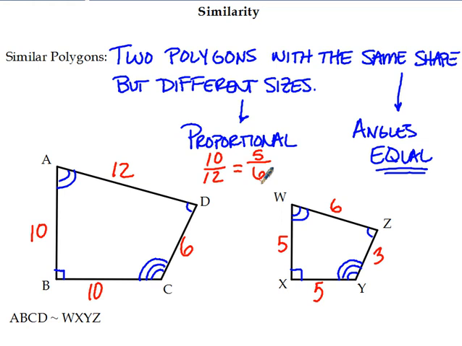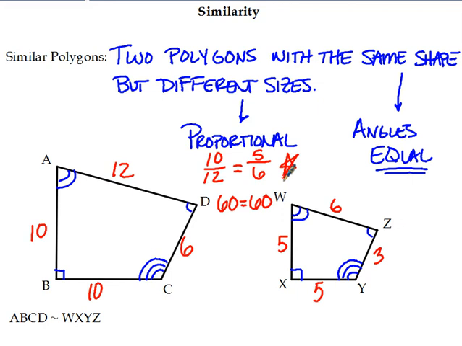Now if I were to cross multiply, I would get 60 equals 60. So all of them are going to be proportional. I could use any two sides to equal any two sides of the other figure, and those proportions are always going to be equal. So this information right here is going to help us solve our problems. For most of the problems today, we're going to be setting up proportions to solve.